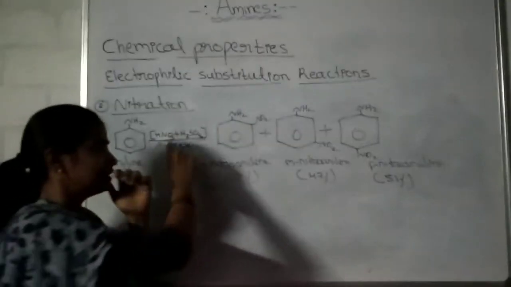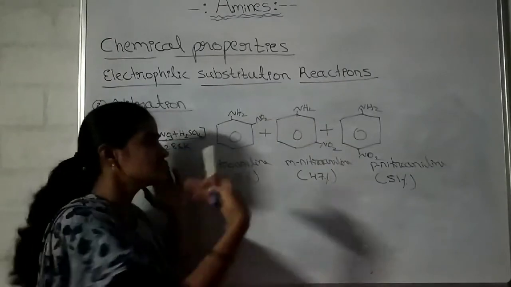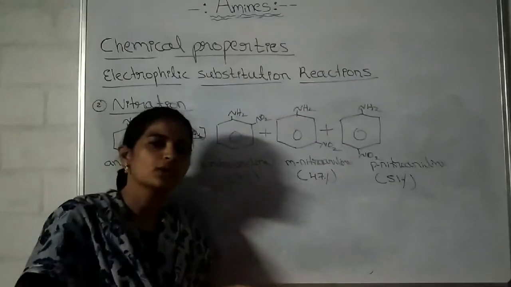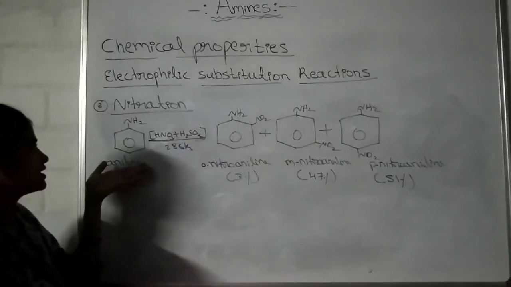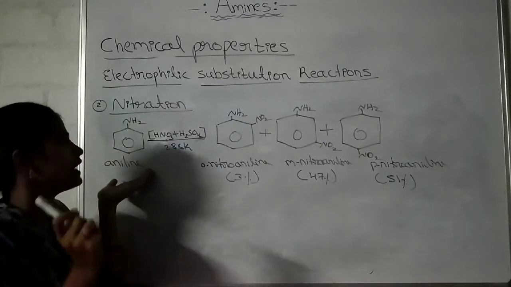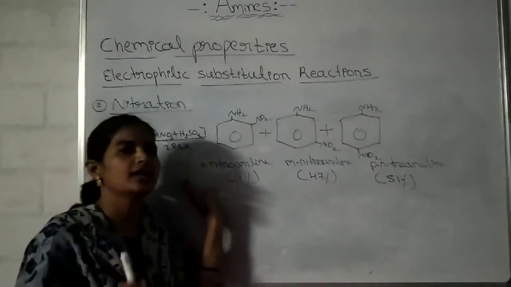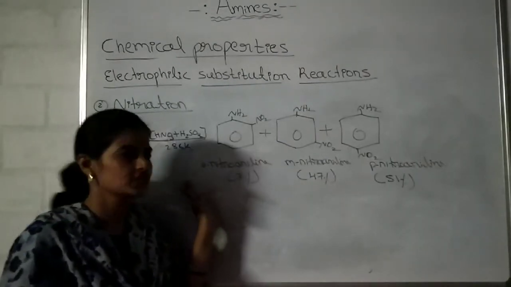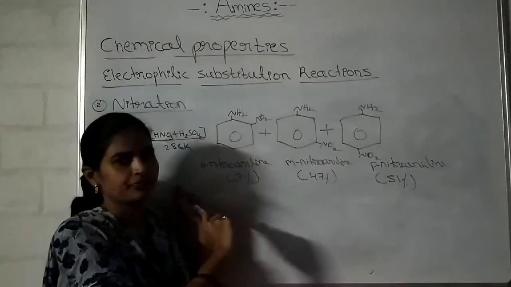Okay, this answer is the answer for what question? When it is asked, what happens when aniline is treated with the nitrating mixture? If this question is asked, you have to write this.